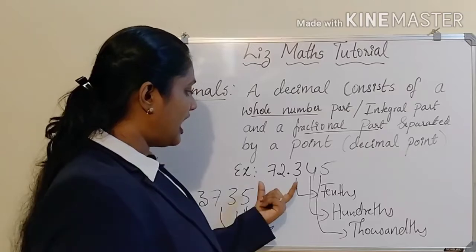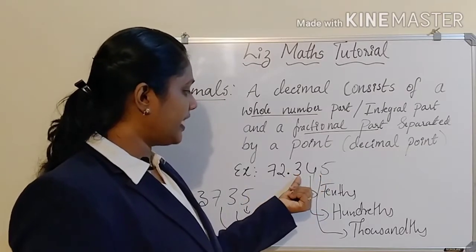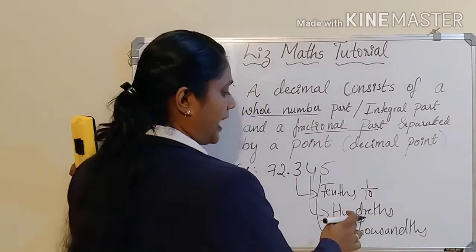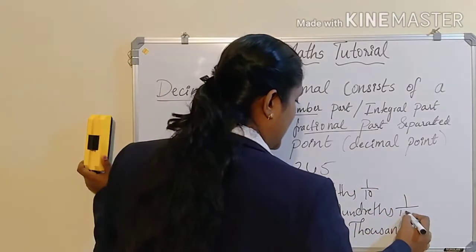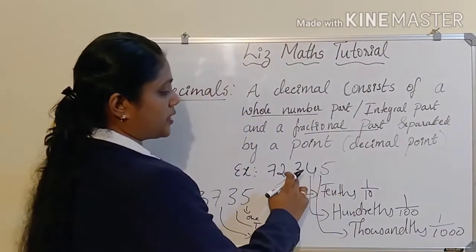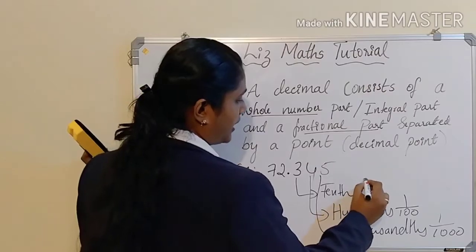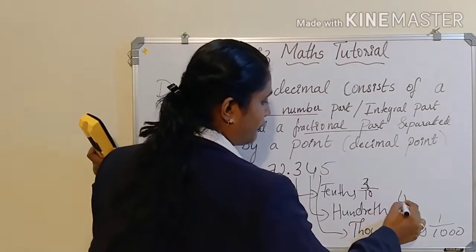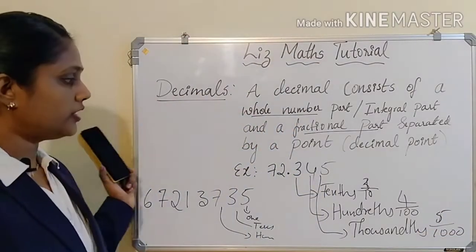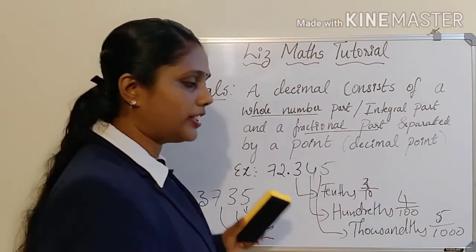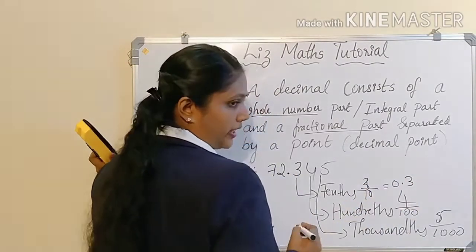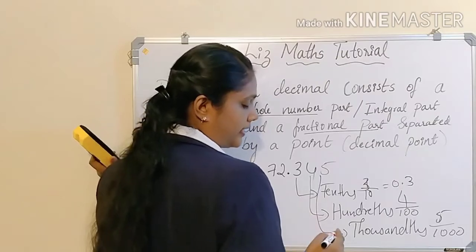The value after the point is 1 by 10 for tenths, 1 by 100 for hundredths, and 1 by 1000 for thousandths. So here we can have 3 by 10, 4 by 100, and 5 by 1000. What is 3 by 10? That is nothing but 0.3.